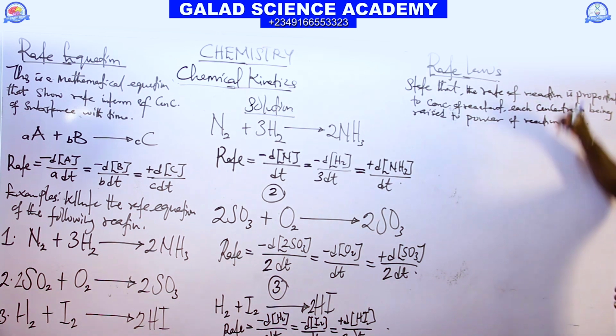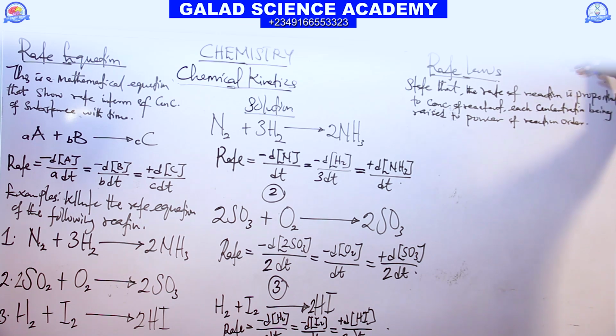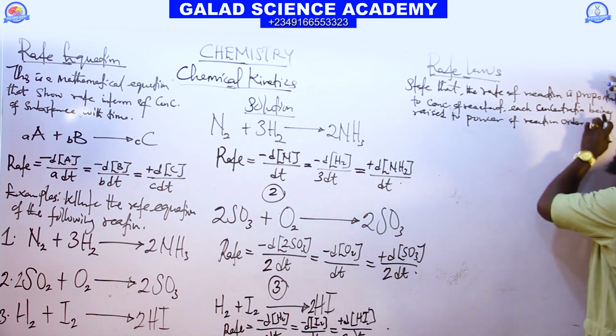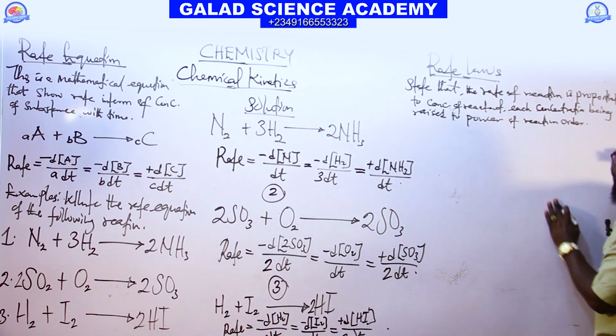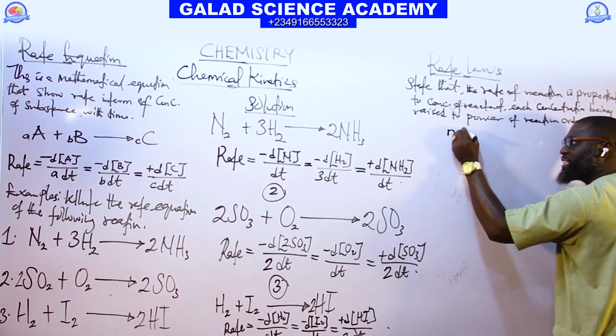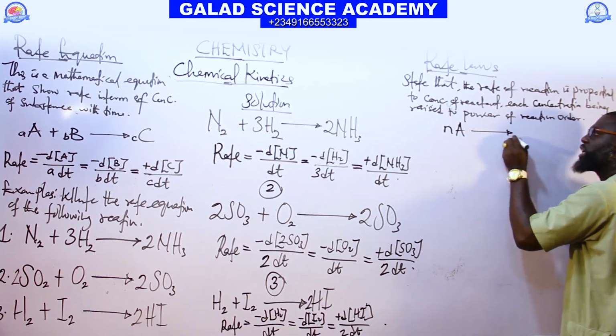In short, the rate law states that the rate of chemical reaction is directly proportional to the concentration of reactants, and each concentration is being raised to the power of reaction order.